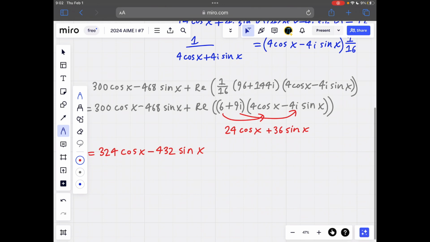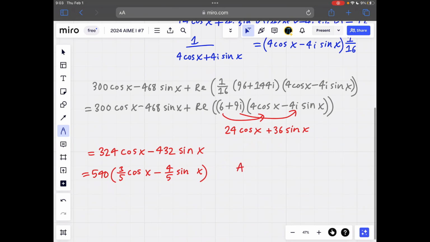We need the maximum possible value of 324 cos x minus 432 sin x. Now, if you notice here, 324 and 432 are in the ratio 3 over 4. And this might suggest something to do with a 3, 4, 5 right triangle. And indeed, we can express this as 540 times (3/5 cos x minus 4/5 sin x).